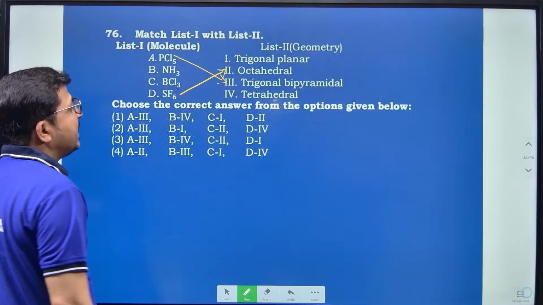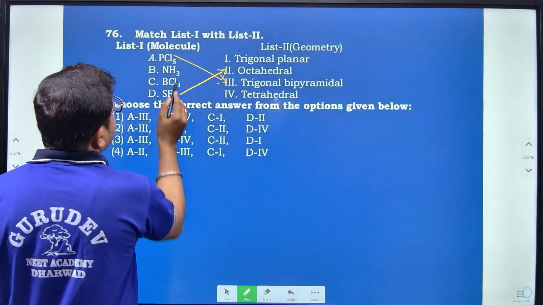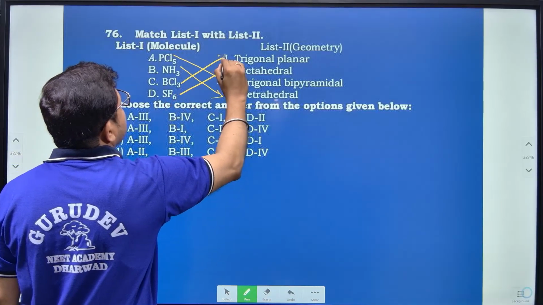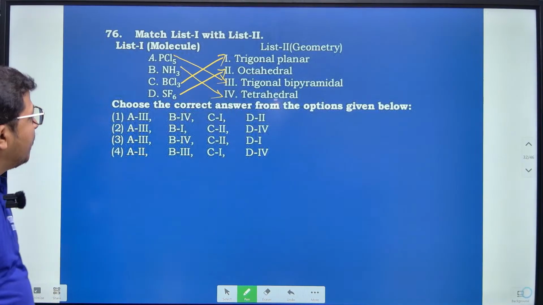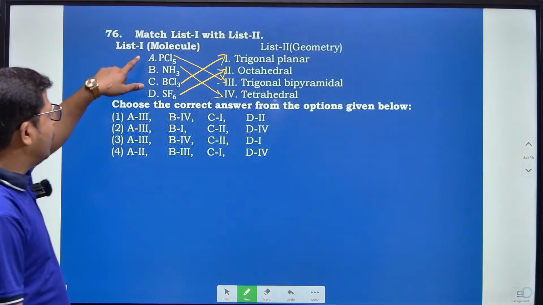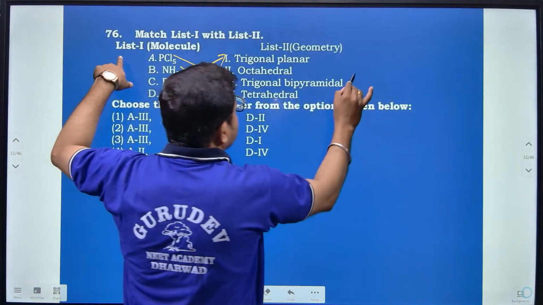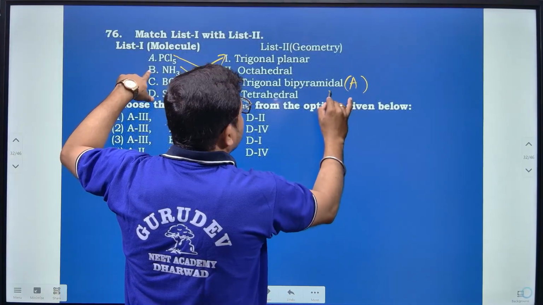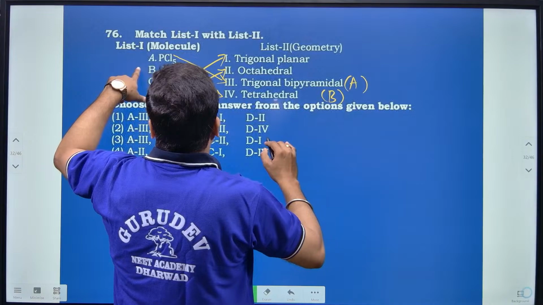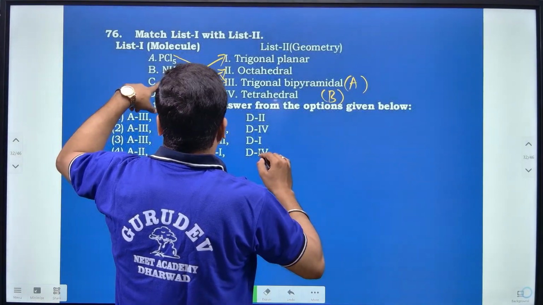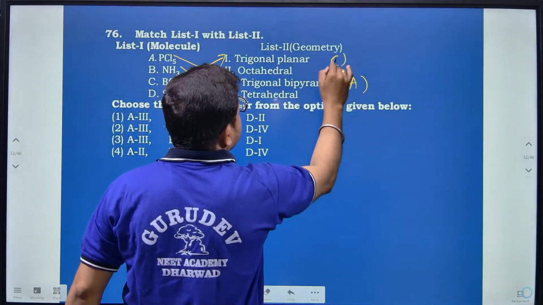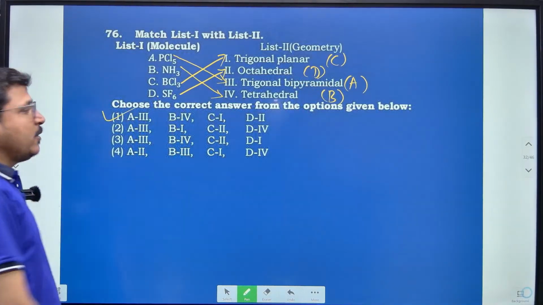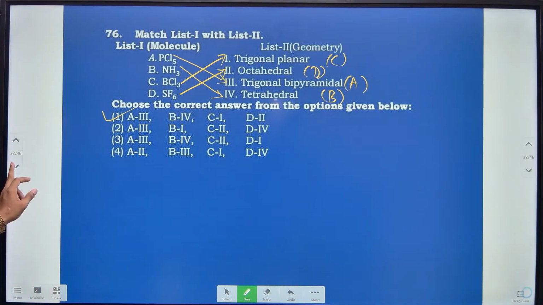SF6 matches with octahedral, NH3 is tetrahedral, and BCl3 is trigonal planar. So A matches with 3 and B matches with 4. A3, B4, then C1, D2. Therefore, the right option is option number 1. For question 76.